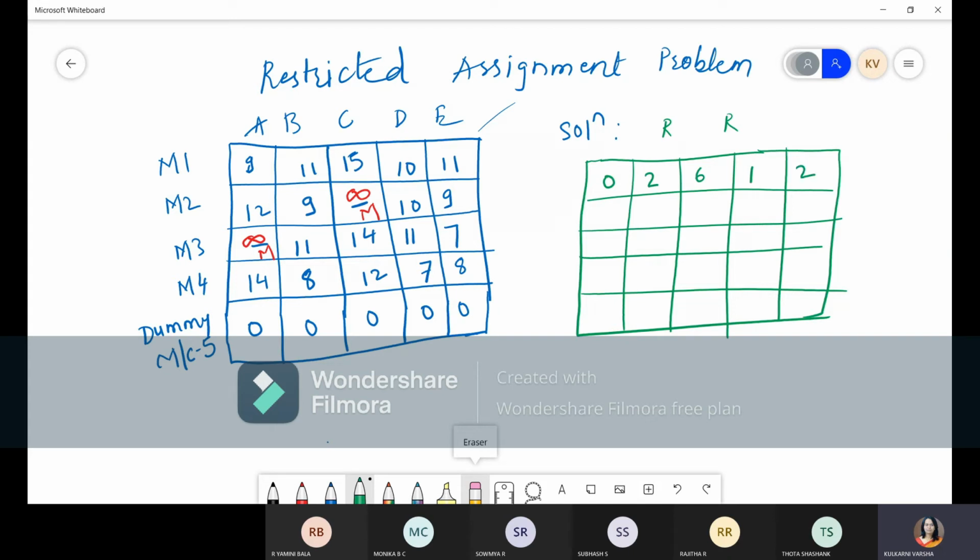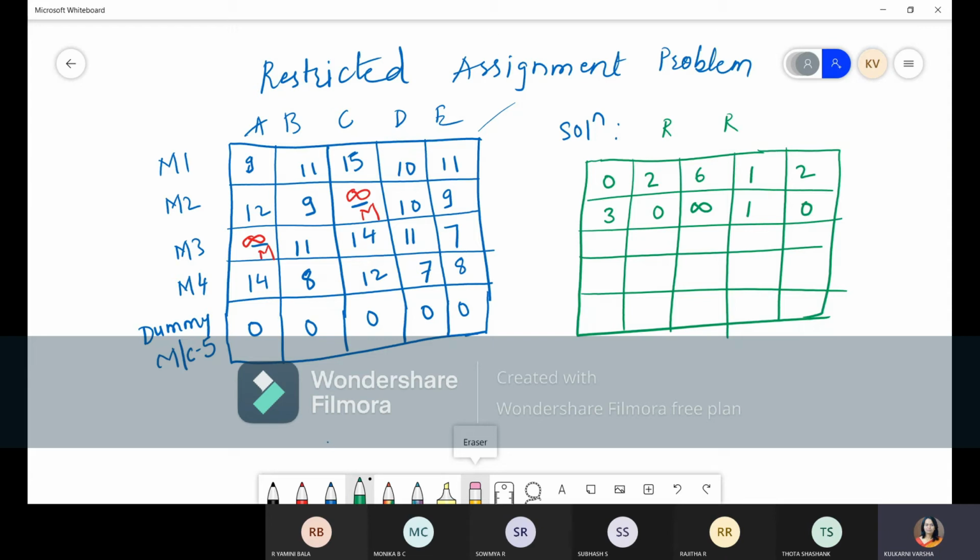Then in the next row, this is infinity, a very big value, so the lowest is 9. So this is 3, this is 0, this is infinity, then this is 1, this is 0.